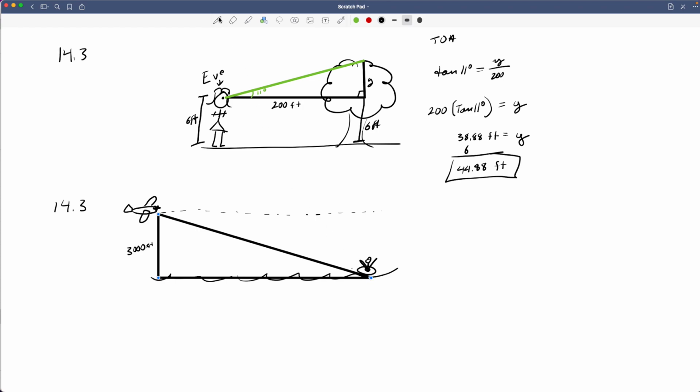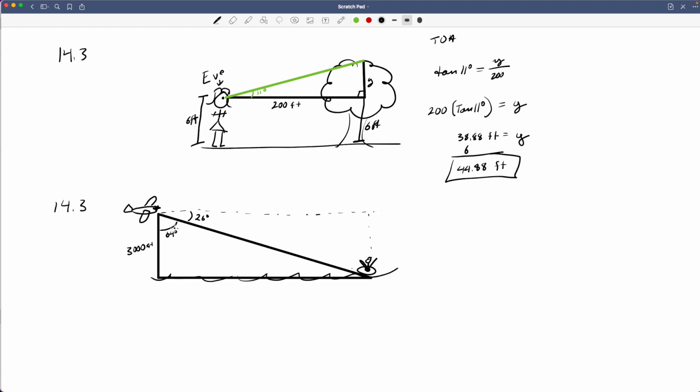And his angle of depression right here is 26 degrees. Okay. So if this angle of depression is 26 degrees, then this angle is going to be 64 degrees, because we just made a right angle to the ground, which would turn this into a right angle. So these would be complementary angles. So 90 minus 26 leaves 64.